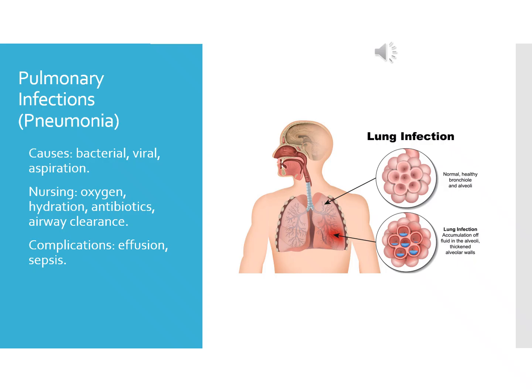But what you'll see is decreased oxygenation and signs of some sort of an infection, fever, productive cough, those kinds of things. Pneumonia is diagnosed through the use of sputum cultures, X-rays, imaging, those kinds of things.